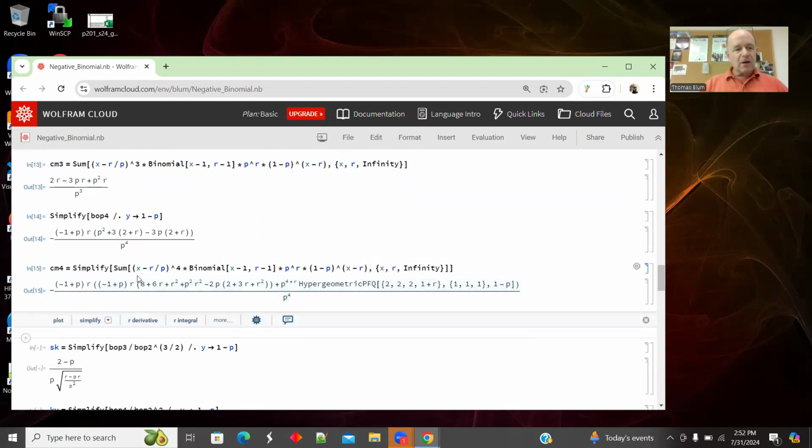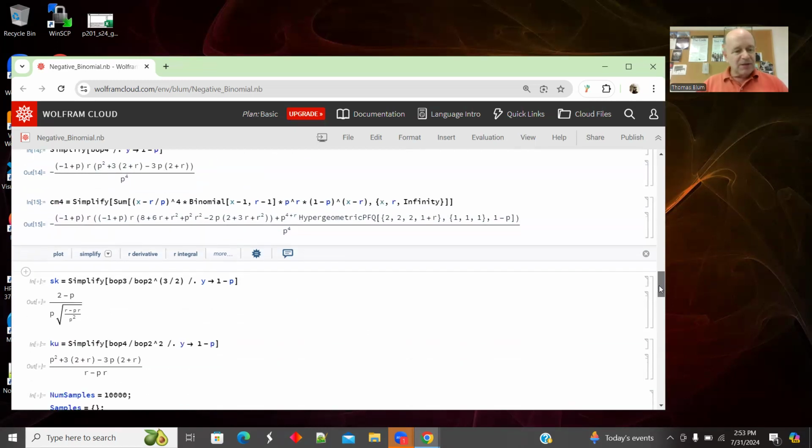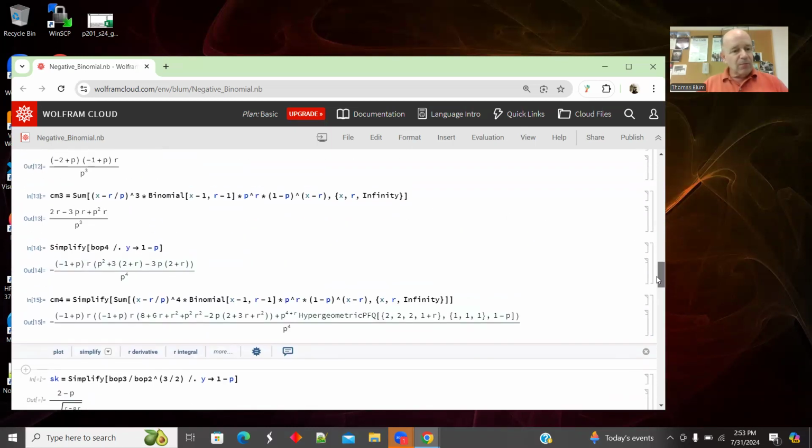They expressed it in terms of a hypergeometric. And I completely believe that it's true, but it's not necessarily as simple as it could be. This looks a little bit easier to me than that, because I'd have to look up what a hypergeometric means. But anyway, the other ones all agreed, so I certainly believe these two are equivalent.